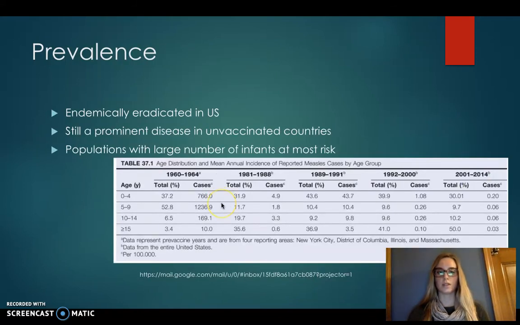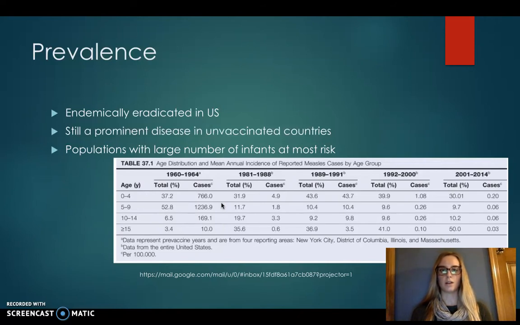So measles is endemically eradicated in the United States, but because it's still a prominent disease in other countries, it can still be brought into the United States and cause minor outbreaks within people who have not been vaccinated, or again, like in Disneyland, where they've only had one of the vaccines. The populations that are most at risk of developing measles have a great number of infants because you have to be within 9 to 12 months to have the first vaccine and then 15 to 18 months to have the second.